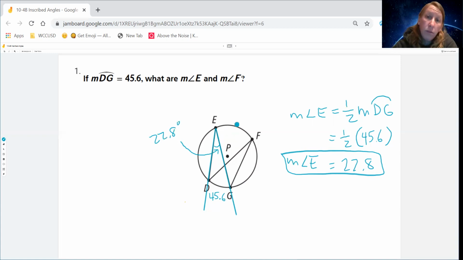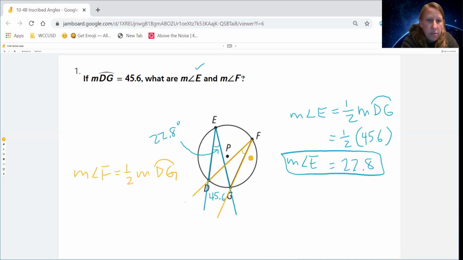All right, and we have to find the measure of angle F. So let's change colors. Here is angle F right here, where that's the vertex. So the angle that we're talking about is this angle. Interesting, isn't it? Where is that angle hitting? Well, the measure of angle F is also half of the measure of the intercepted arc, which is DG.